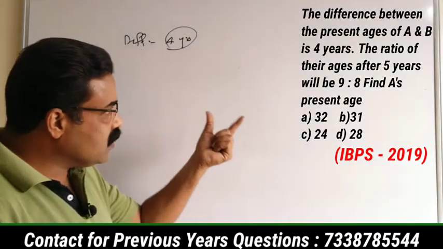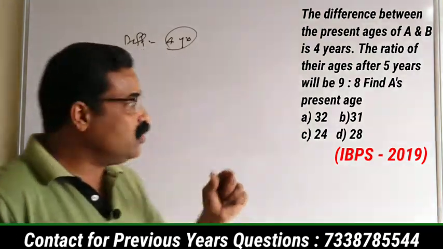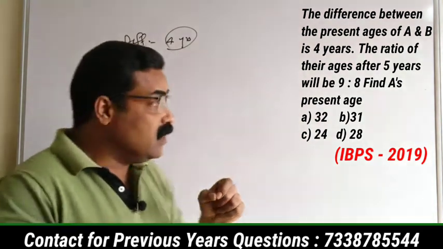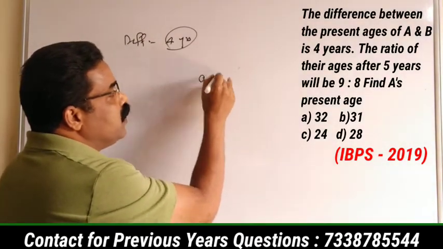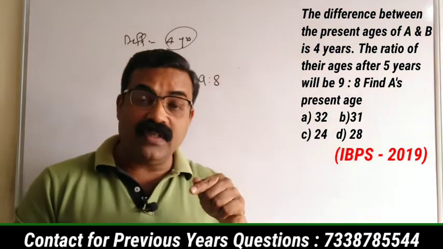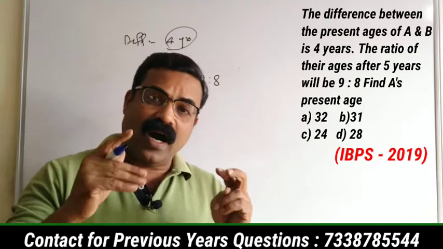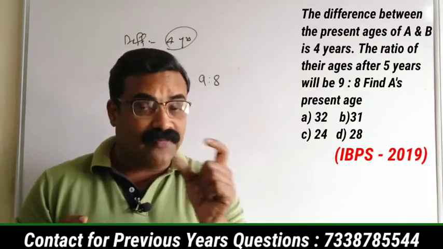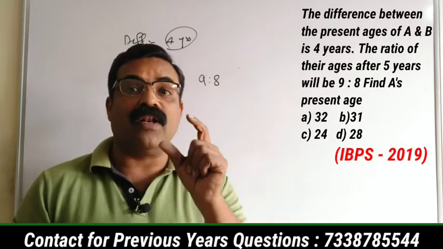So what is given? It is given that the difference is 4 years. So we understood the difference is 4 years. And also it is given that the ratio after 5 years will be 9:8. But we know the concept that after 5 years or 10 years or any number of years, the difference between them will not change.